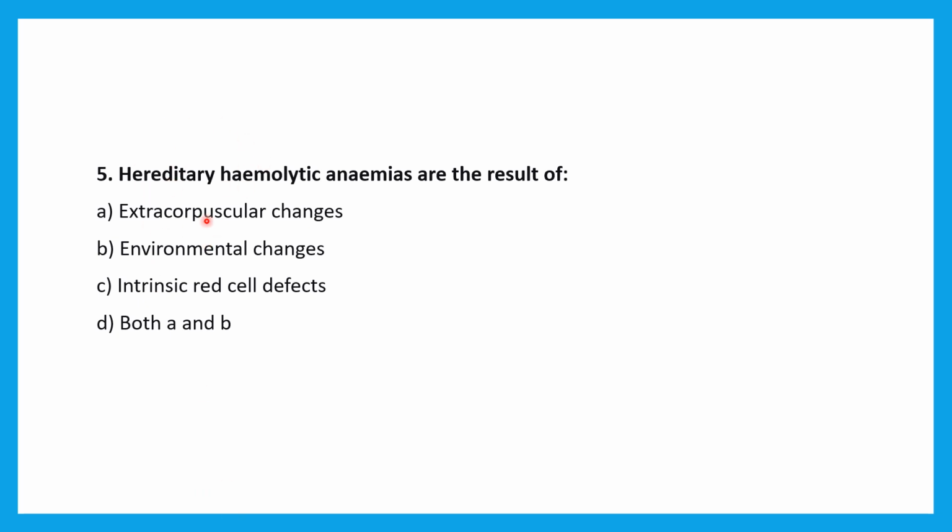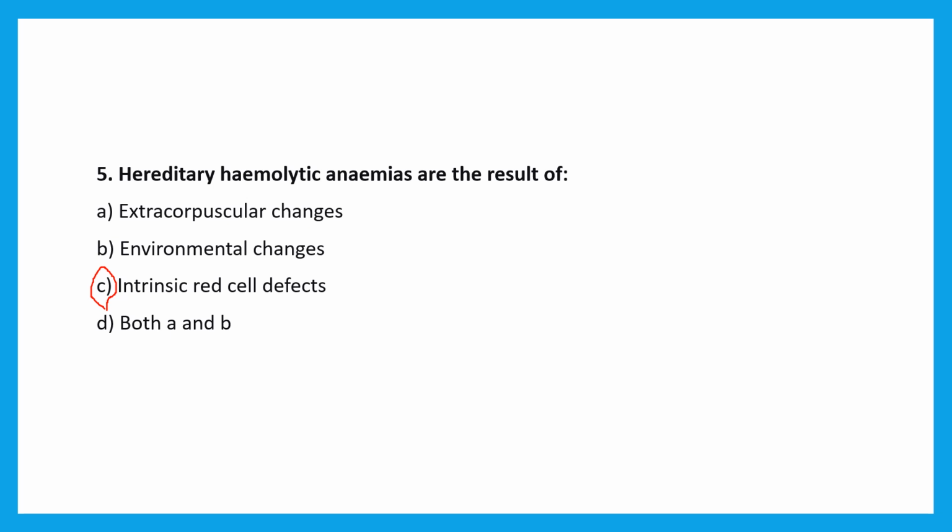Hereditary hemolytic anemias are caused by defects within the red blood cell itself, right? They are hereditary, so these are classified as intrinsic. So they are intrinsic red cell defects.